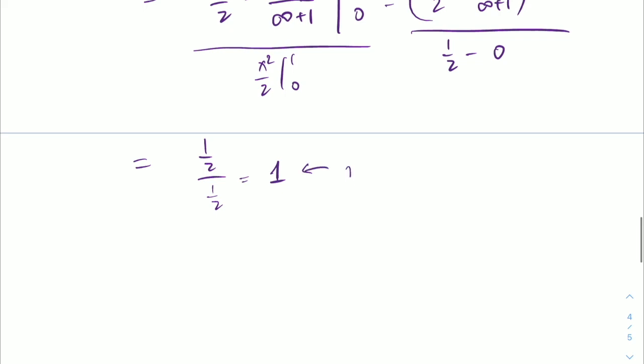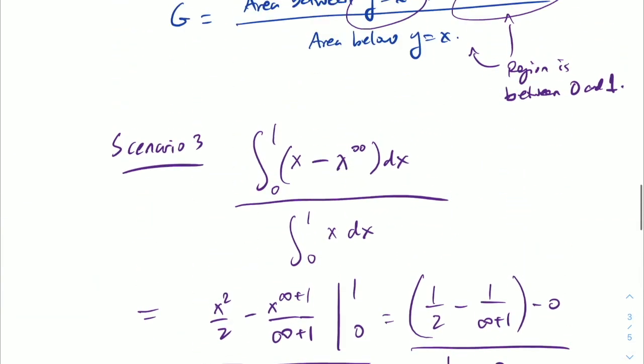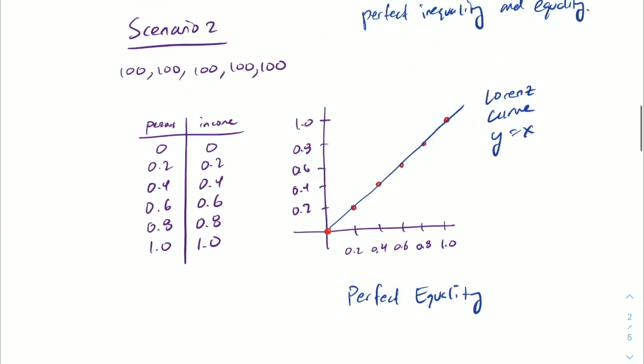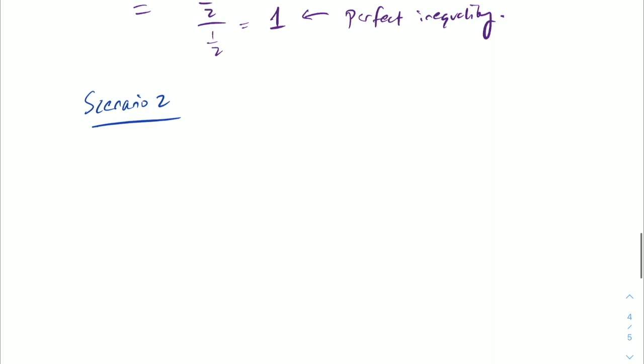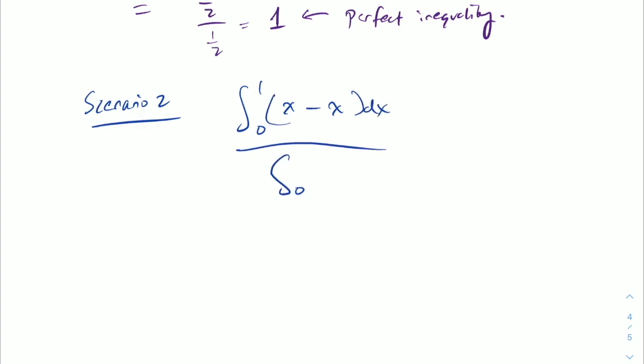This is perfect inequality. All right, let's do the next one. So we want to find the area between y equals x and this curve. So we'll get the integral from 0 to 1 of y equals x minus y equals x. And then we're dividing by the integral of x.